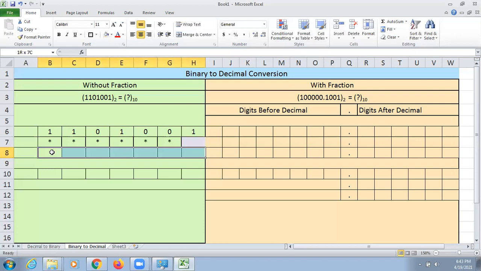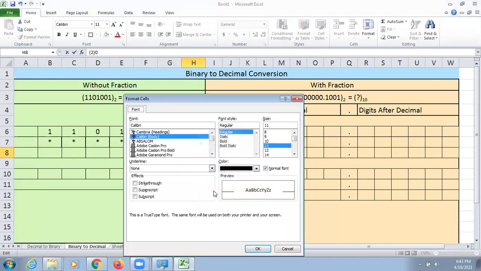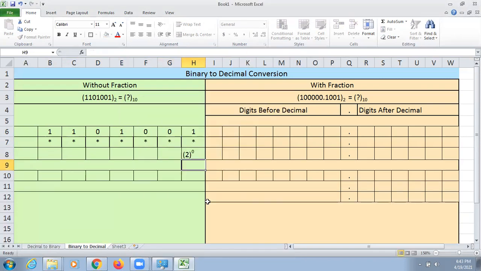Starting from the backside, this digit will be multiplied by 2 raised to power 0.